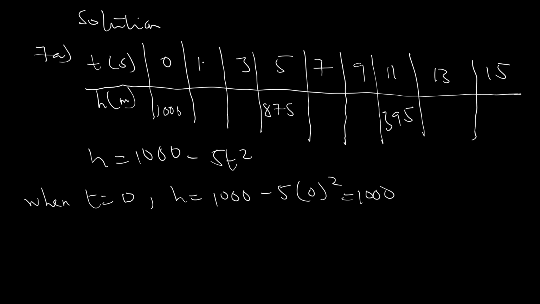So you do the same for all the values of t, and we should have 995 for t is equal to 1, 955 for t is equal to 3, 875 for t is equal to 5, 755 for t is equal to 7, 595 for t is equal to 9, 395 for t is equal to 11, 155 for t is equal to 13, and 125 for t is equal to 15. All right. So that will be for the 7a.